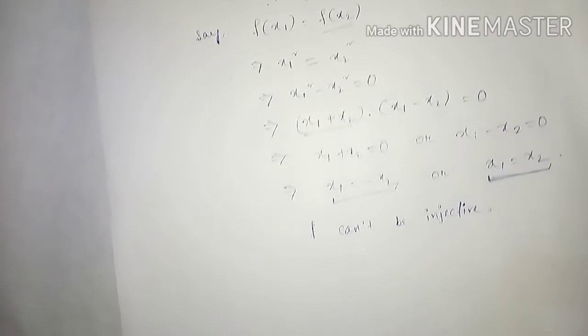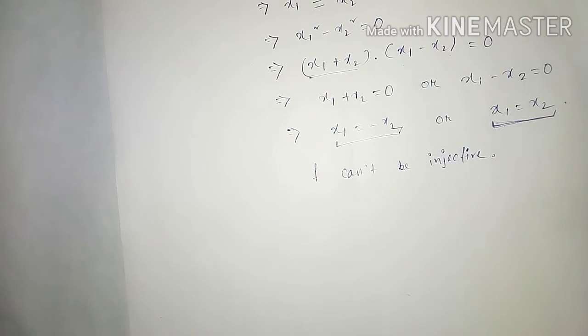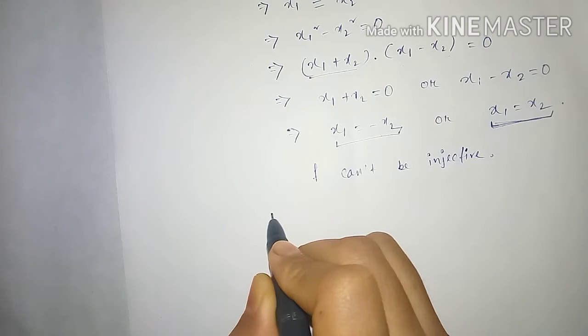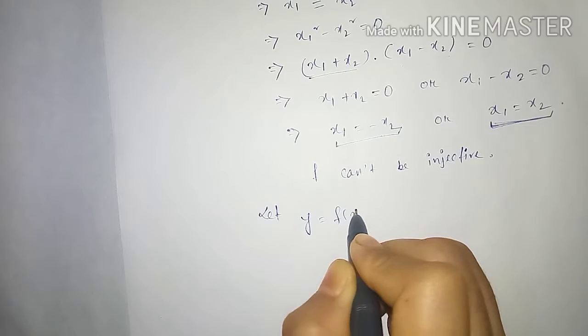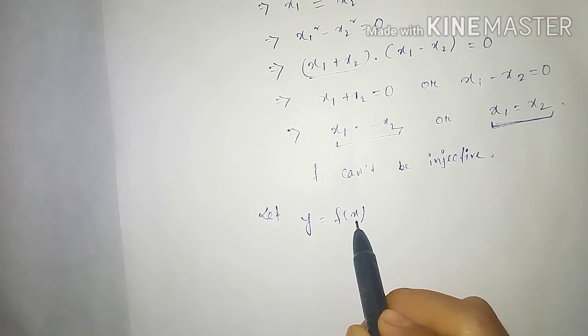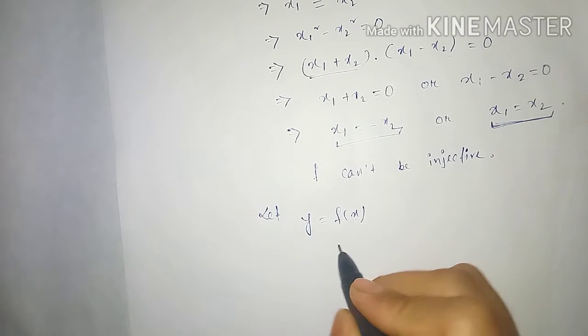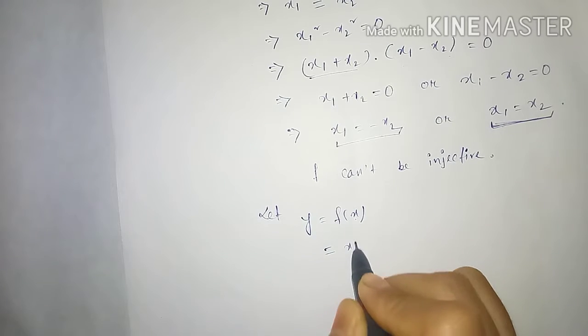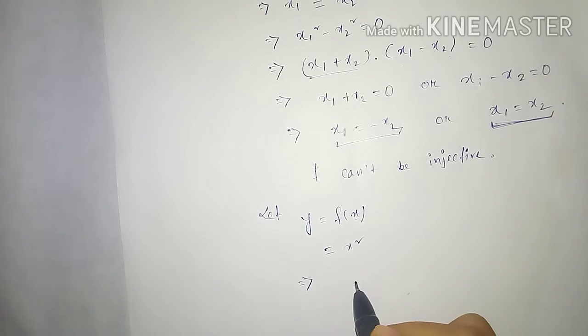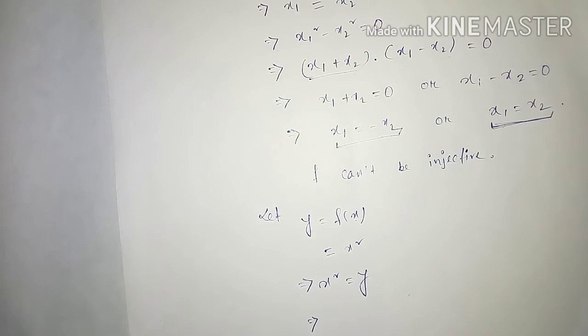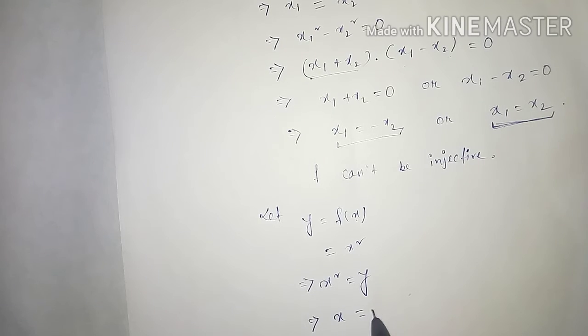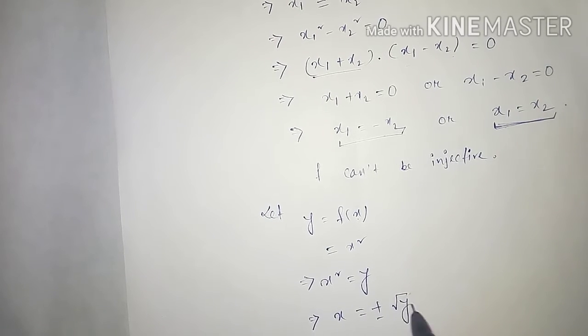Now, to show onto, let y equal to f(x). That means the image of the element x equal to y. And this is nothing but x square. Or we can write x square equal to y, from where we get x equal plus minus root over y, right?